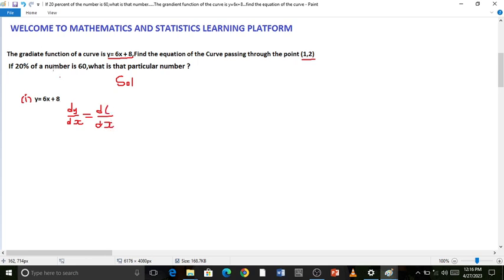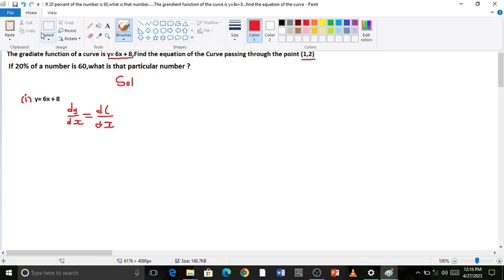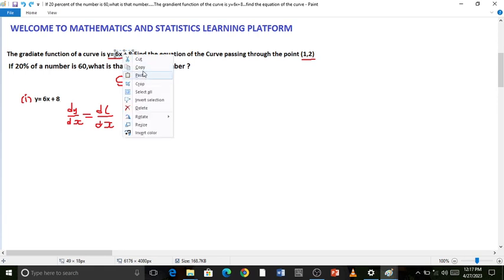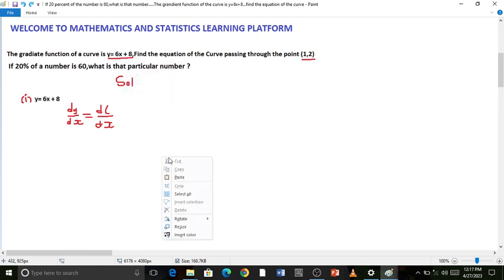Let me put the function here and do it step by step. This is the function we want to differentiate with respect to x.